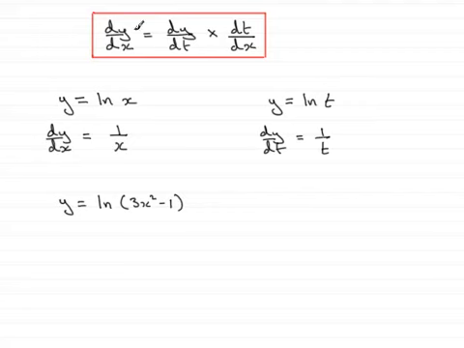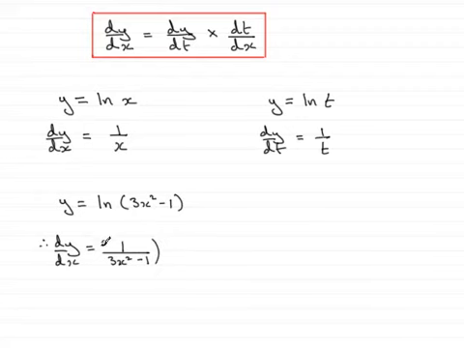And I can find dy by dx by doing dy by dt. So look, dy dx would equal dy by dt first of all, and if y equals the natural log of t, dy by dt would equal 1 over t. So that would be 1 over 3x squared minus 1. Remember, t was the 3x squared minus 1.